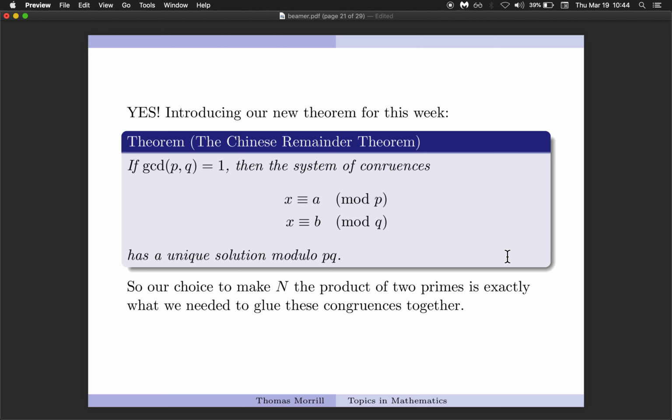We want a plain text which is congruent to our plain text to the power e times d. We know that the original plain text, capital P, is congruent to p to the power e times d modulo the prime factor p.